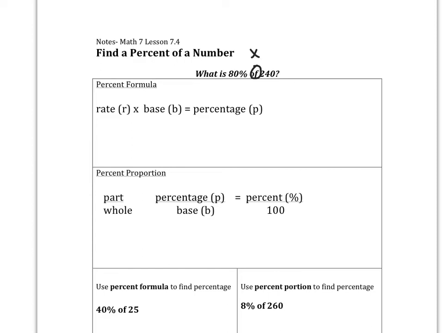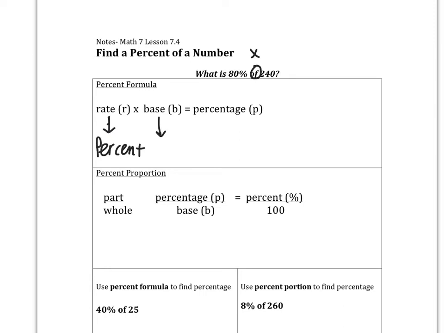The first thing that we're going to do is use the percent formula. That is taking our rate, which is our percent, and multiplying it by the base.